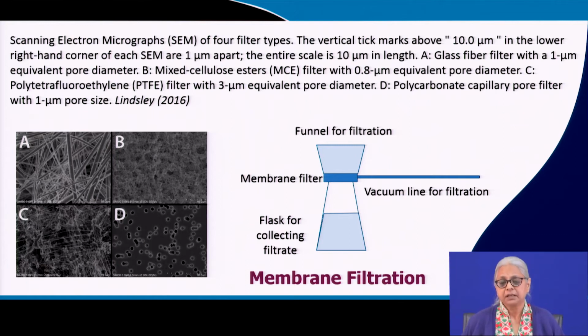So here are scanning electron microscope images of the different types of membrane filters that can be used. So the first one is glass fiber filter. This is very common. So we have paper filters, asbestos fiber filters, and glass fiber filters.